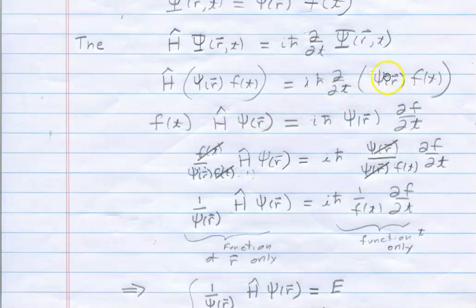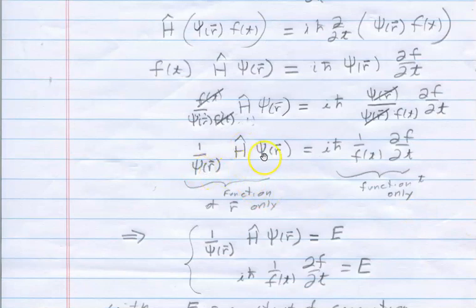And then likewise over here, this is a function of x, y, and z, and this is only a partial derivative with respect to t, so I can pull it outside as well. And then if I divide this whole equation through by little psi, little f, all the way through on both sides, on the right-hand side, the psi's go out. On the left-hand side, the f of t's go out.